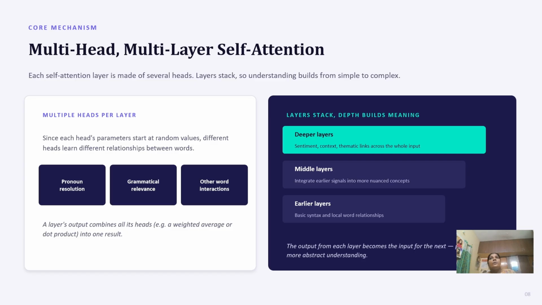That is, you compute the attentions from different attention heads based on different concepts that you segregate by layers. The output from each layer becomes the input for the next, so it progressively learns and abstracts more understanding of the given input.